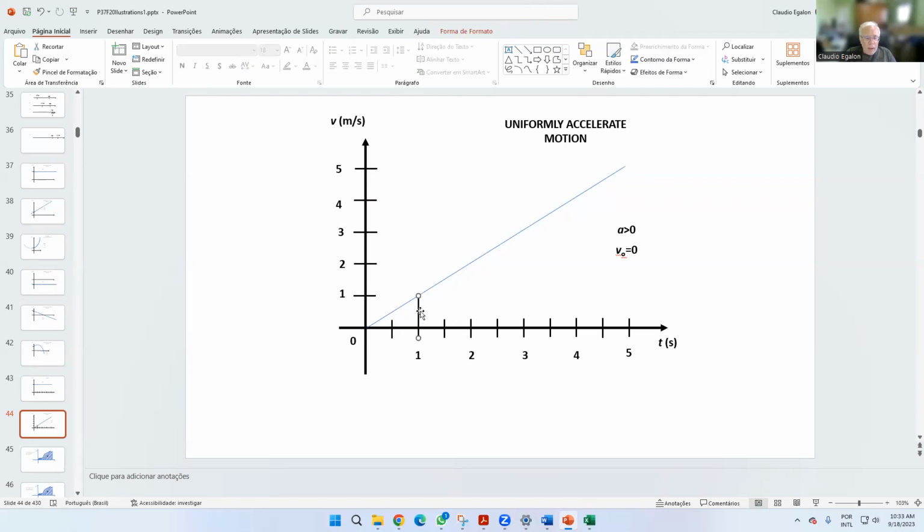Let's see if I have it right. 2. It looks like I got the slope right, huh? Yeah, see that? I got the slope right. So I don't have to worry about that. Okay, that's how it looks. And then I'll show you how to do it in Excel.